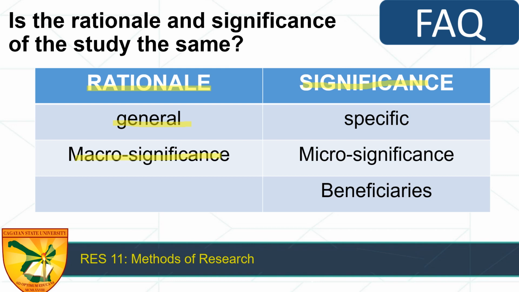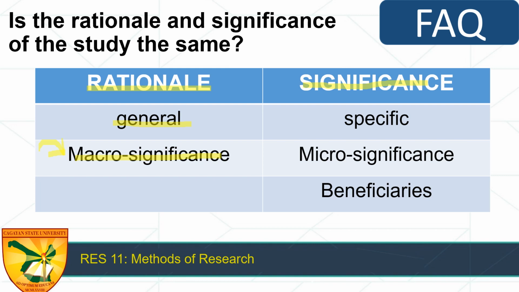And in here, we do not enumerate the end users, since we already have part of that at the macro part. So we don't say that it's beneficial to your DOH, to City Health Office, things like that.